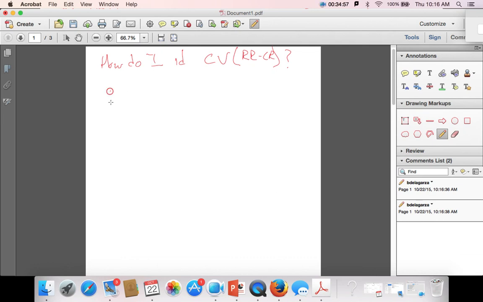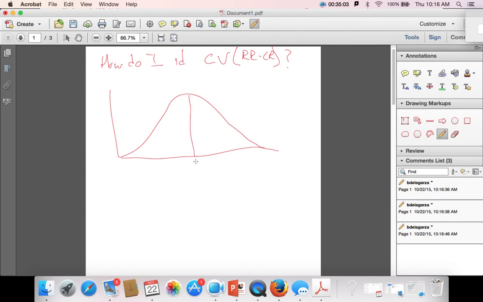Because what I want to do, and again, remember, I have this sampling distribution here where we have a zero value, right? Because again, this is assuming that the null hypothesis is true. So here I have to assume that my zero value is the average in this particular case.